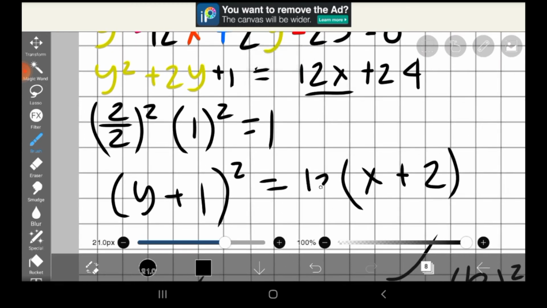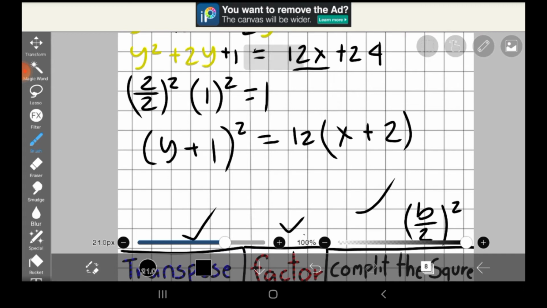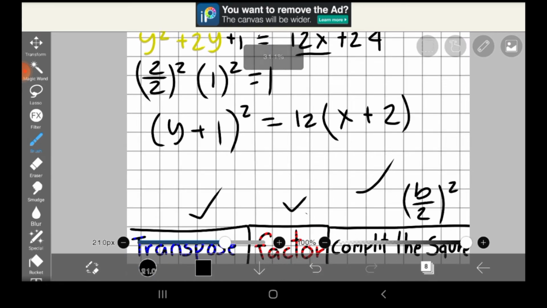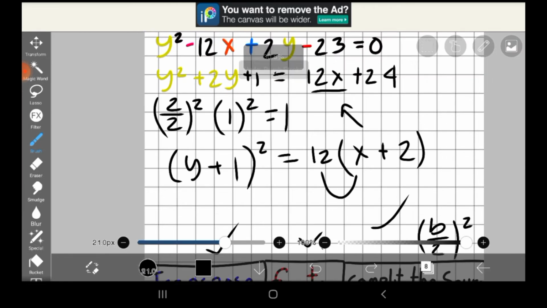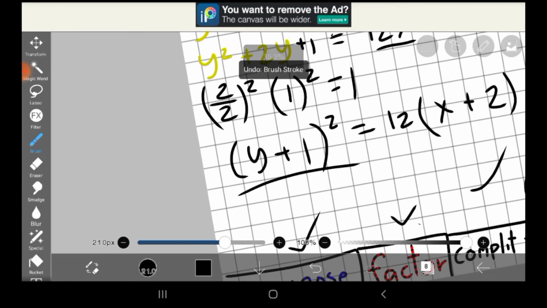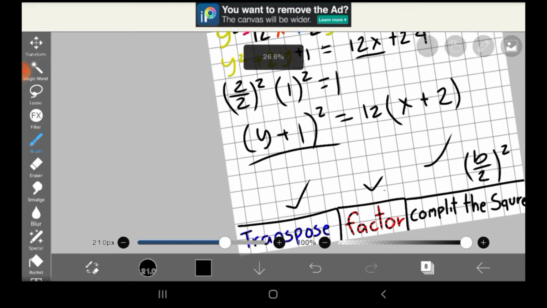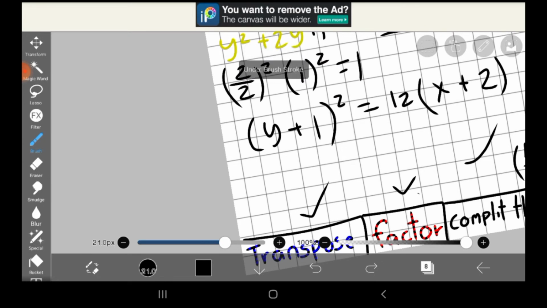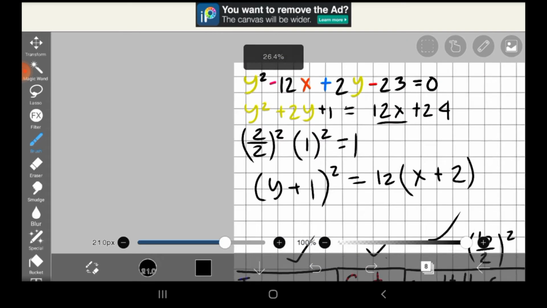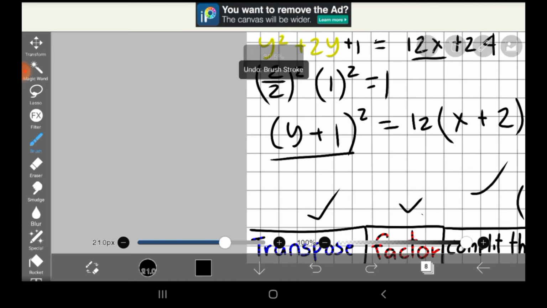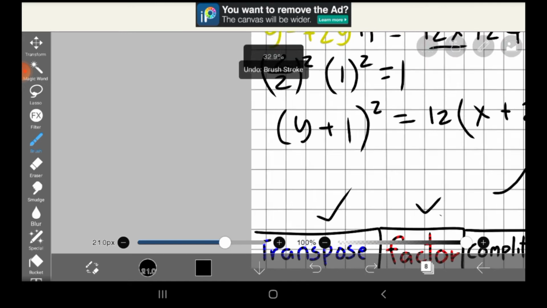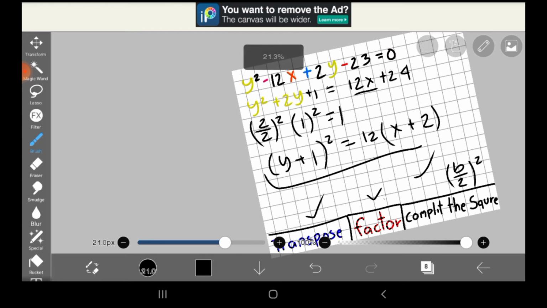To double check if my factor is correct, 12 times x is 12x. 12 times 2 is 24. So it's correct. If you want to check if this standard form is correct, you can use FOIL method, and if you get this answer of y squared plus 2y plus 1, it means this answer is correct. So this is actually the standard form of parabola.